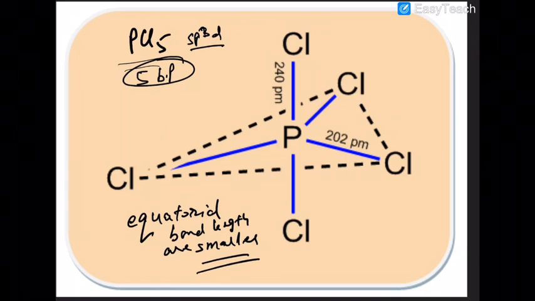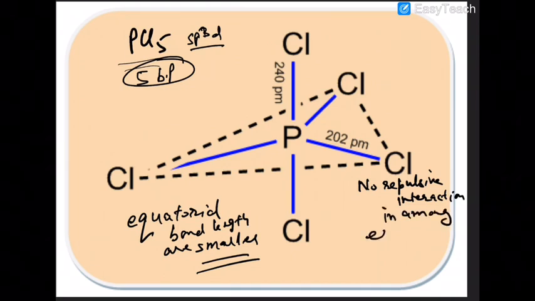Why are equatorial bond lengths smaller? Because there is no repulsive interaction among the equatorial chlorine atoms.